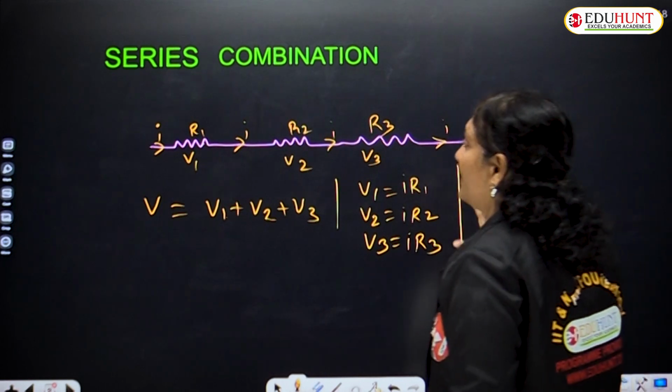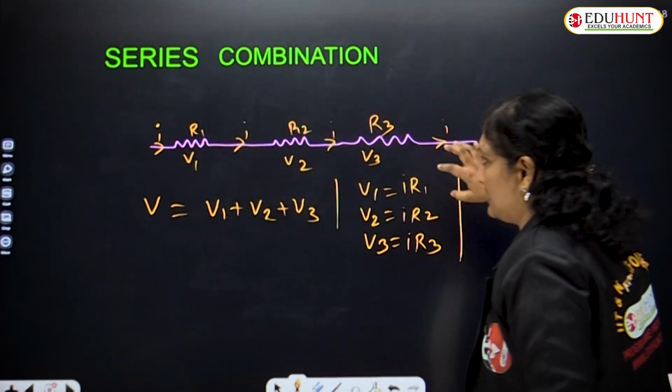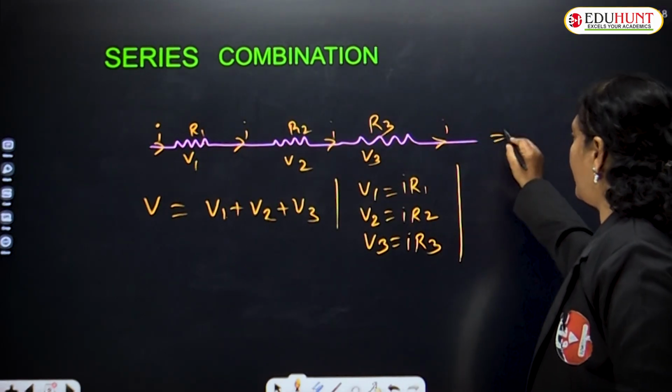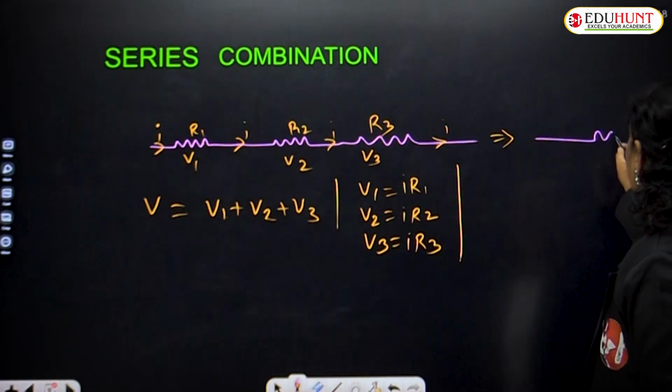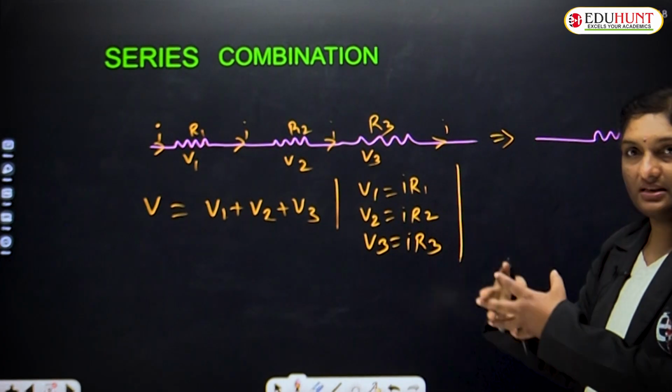Let us suppose that the equivalent resistor, the sum of the complete resistors R1, R2, R3 together, is taken as one single resistor, something like this. Some resultant value is there.